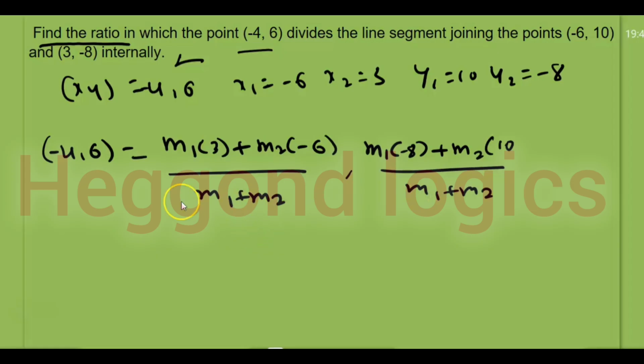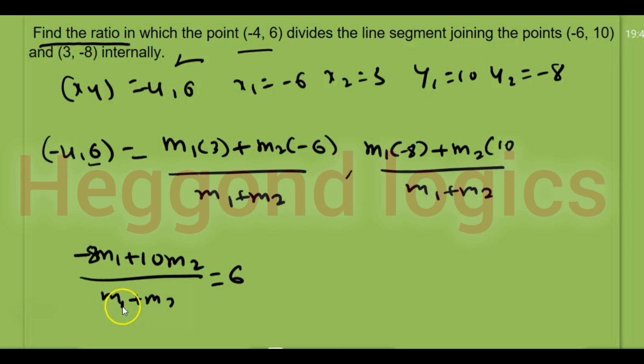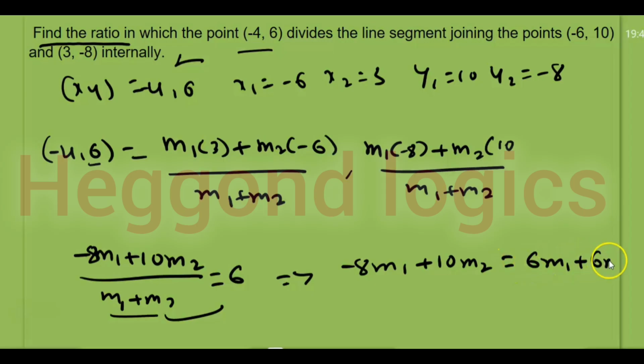Now we are comparing any one coordinate, minus 4 or 6, with this. Now we are taking the 6: minus 8 m1 plus 10 m2 divided by m1 plus m2 is equal to 6. This m1 and m2 transfer to this side. Now we are getting minus 8 m1 plus 10 m2 is equal to 6 m1 plus 6 m2.